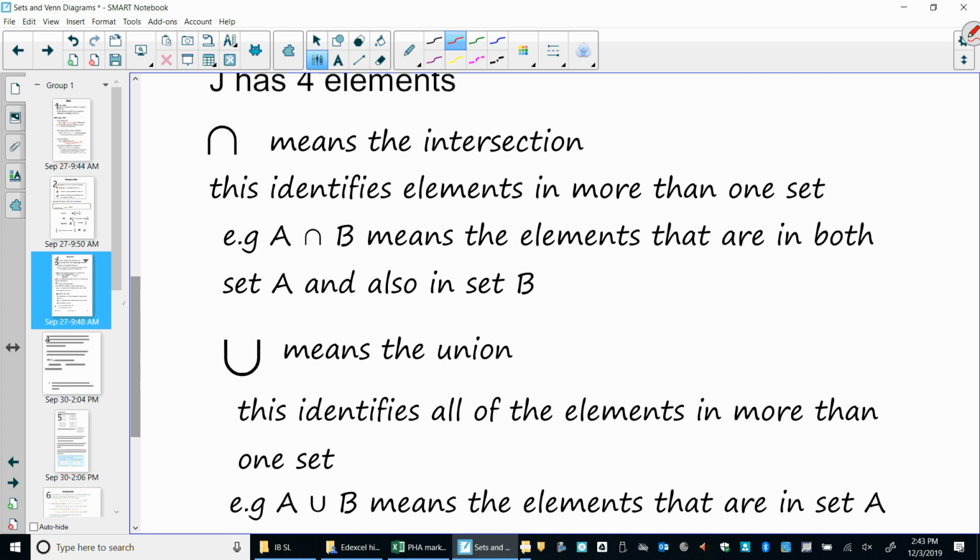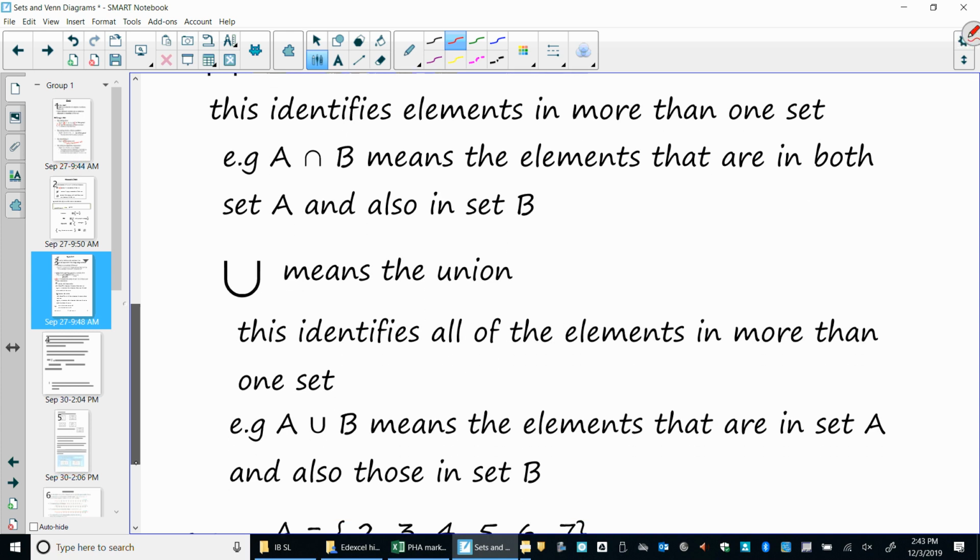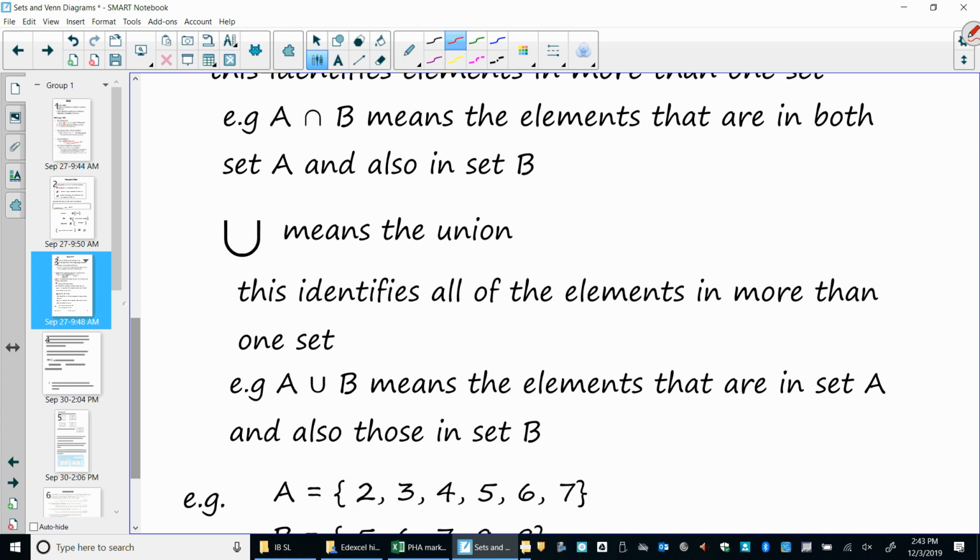U means the union. This identifies all of the elements in either set. A union B would mean everything in set A and everything in set B. Do you understand the difference? If you just said A and B, it's not clear.